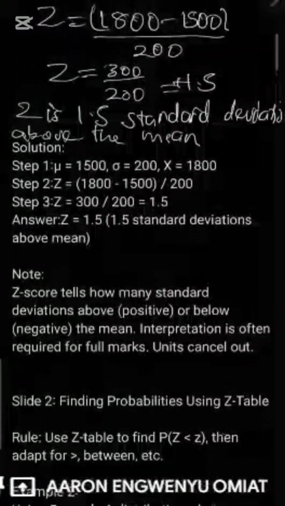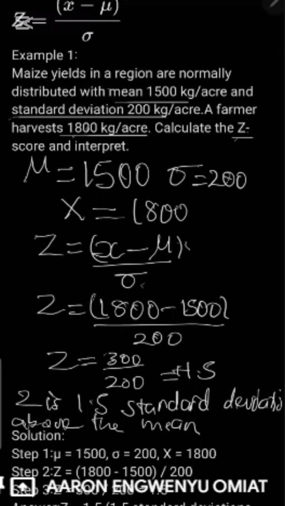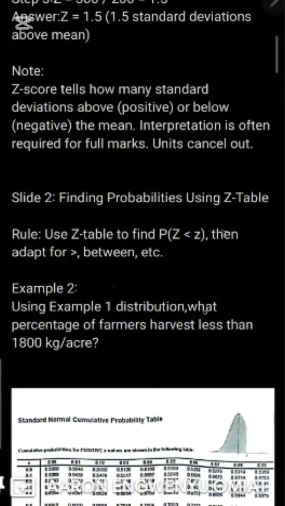So using this data of a farmer in the maize region, the mean being 1,500, standard deviation being 200, they want to know what percentage of farmers harvest less than 1,800.